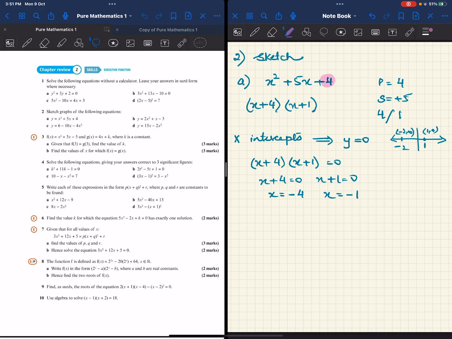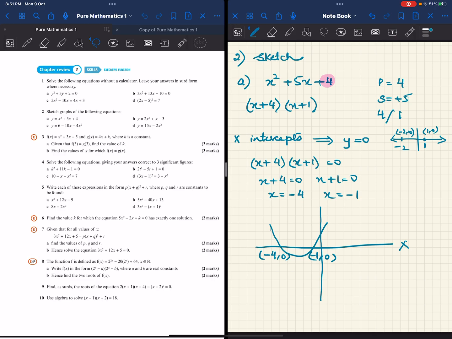Let's draw the sketch of the graph. So this is our x-axis. This is our y-axis. And we have our graph having x-intercepts of -1 and -4. So on the x-axis we have -4, 0 and -1, 0.